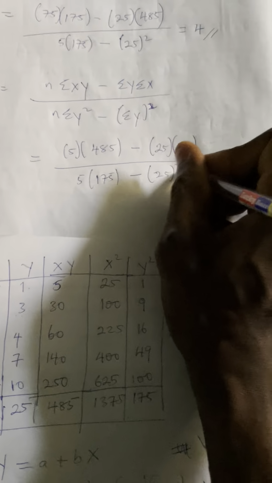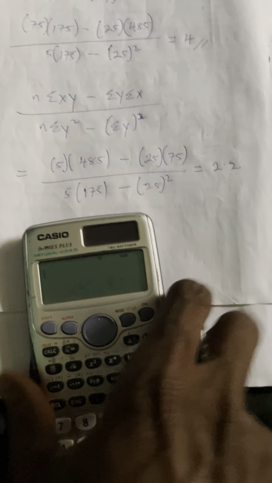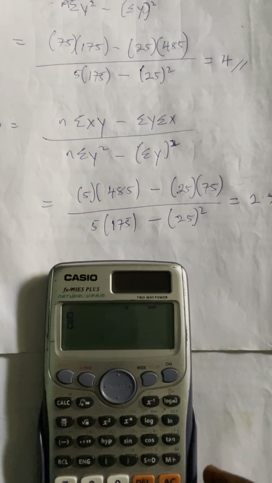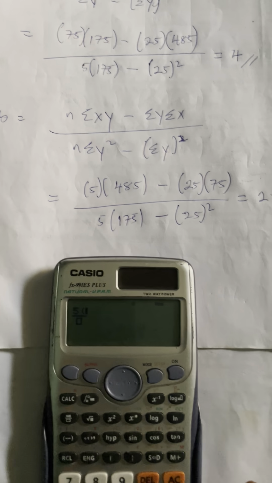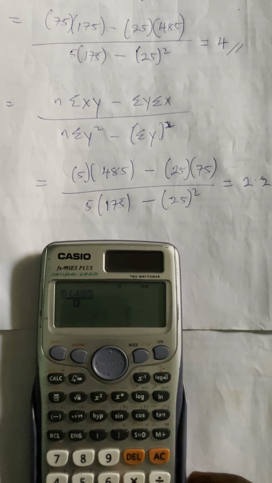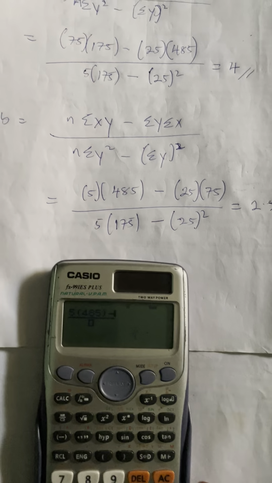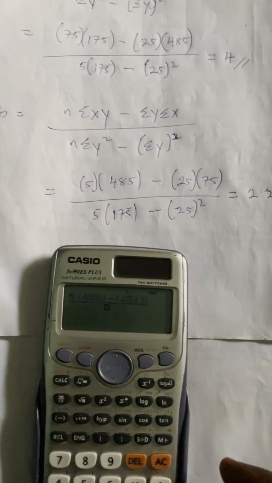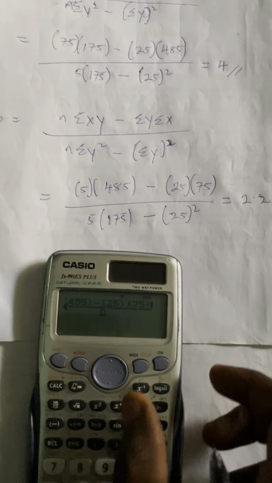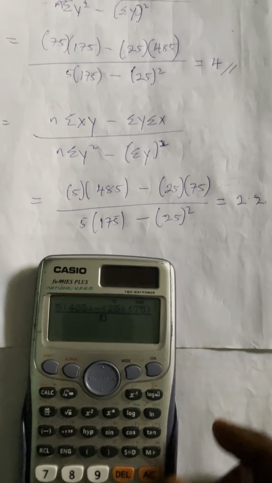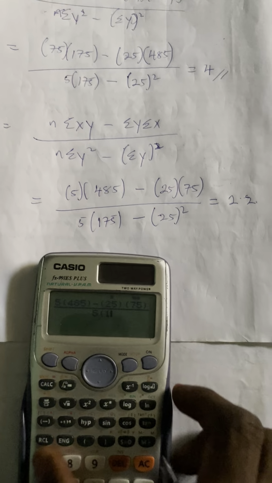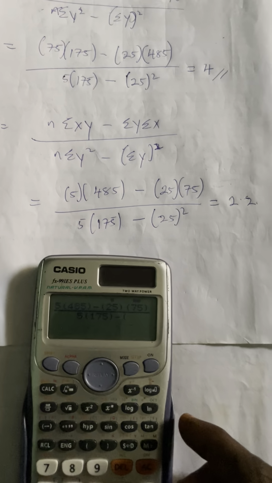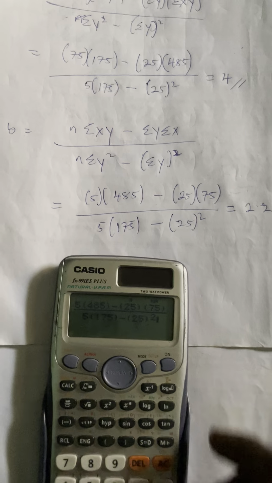We press it on the calculator. We have the 5 into bracket 485 minus, we have into bracket 25 with the bracket 75. Then come to the denominator, we have 5 into bracket 175 minus 25 close bracket square.